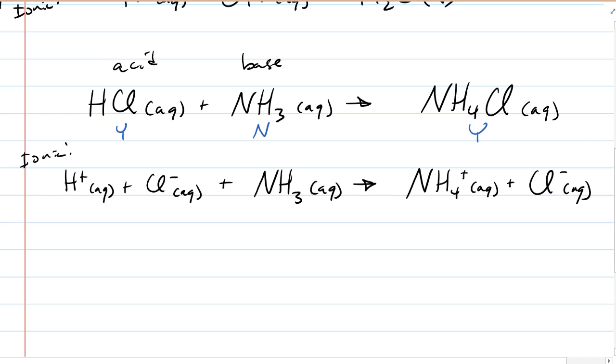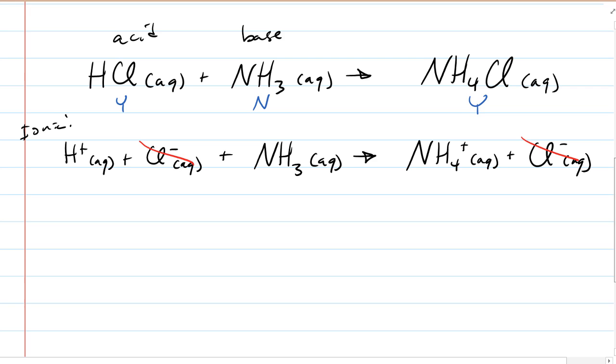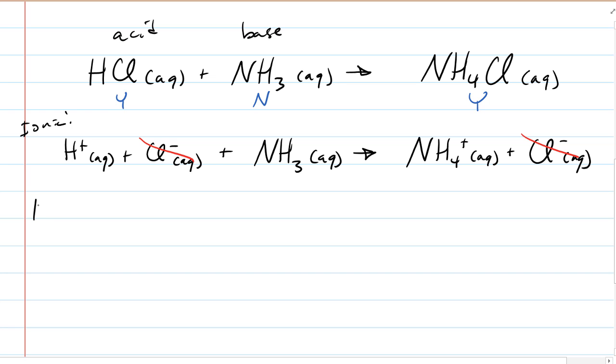So now we cancel out what's common to each side. What's common to each side in this case? Chloride is, right? And so then the net ionic equation for this one looks like this.